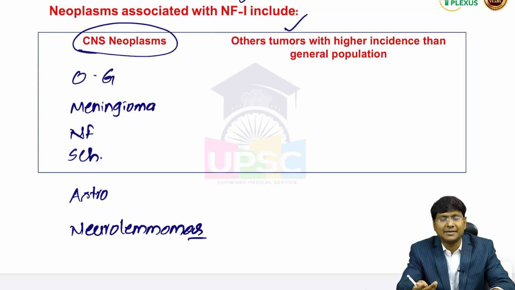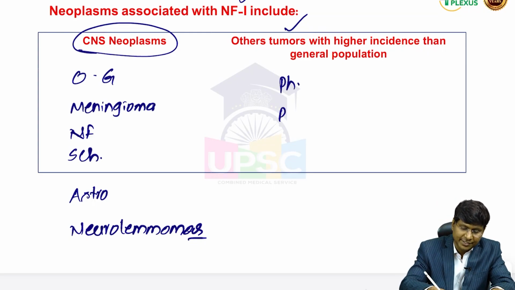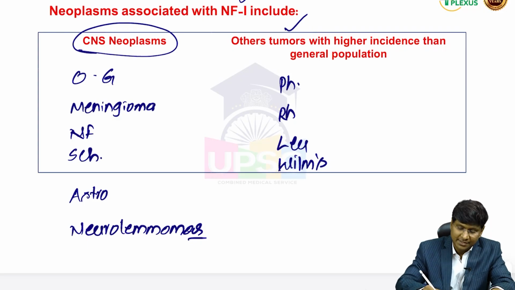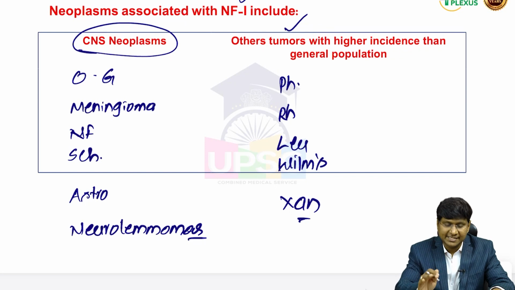Other tumors that can occur in neurofibromatosis type 1 are pheochromocytoma, rhabdomyosarcoma, leukemia, Wilms tumor, and juvenile xanthogranulomas. So these are the neoplasms in neurofibromatosis type 1.